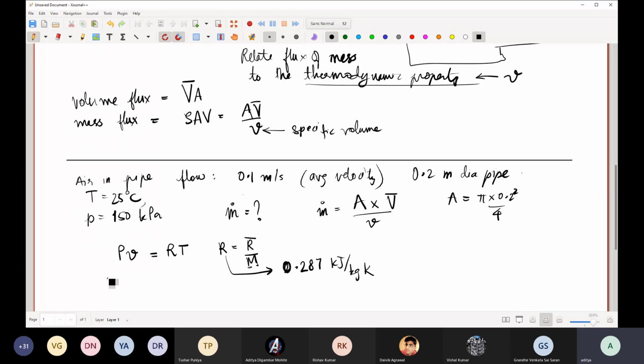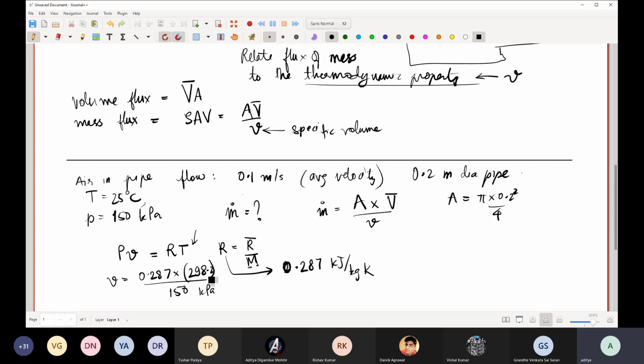So the specific volume becomes 0.287 times T. T we must use in Kelvin because this is the ideal gas equation. We must use the absolute temperature scale. So this is 298, or 298.2 if you want, over 150 kilopascal.